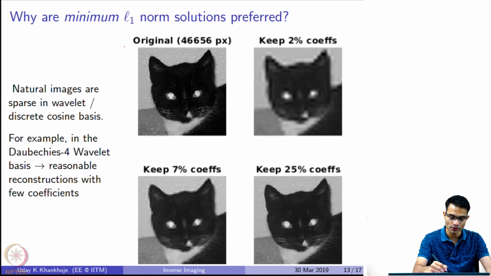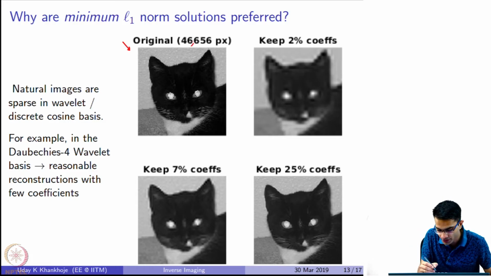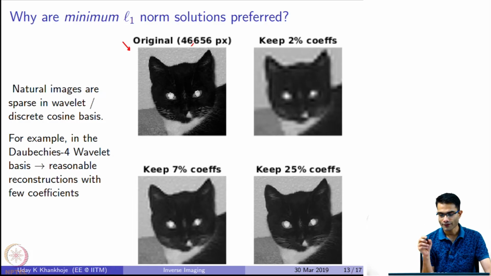So, this is the original picture over here, top left, which has some 46,000 pixels. In order to represent this picture correctly in the pixel domain, I need 46,000 numbers, right.